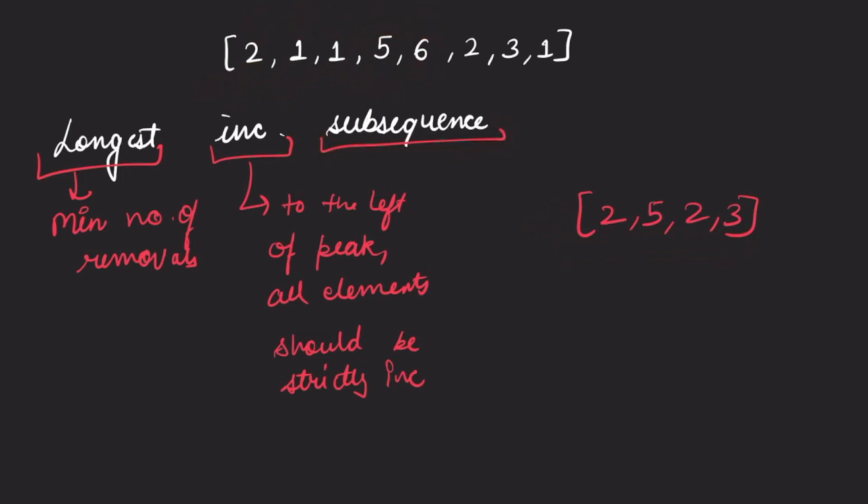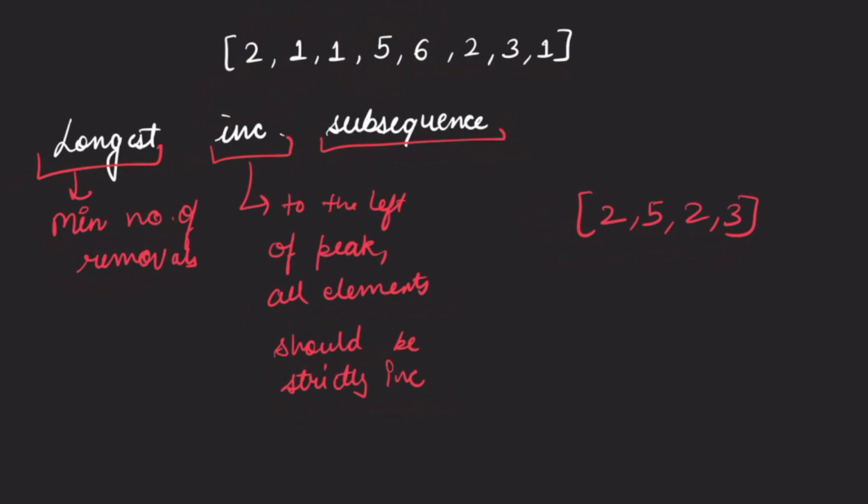So for finding out whether a particular number can be a peak element, we'll check what is the longest increasing subsequence to the left of it, because we want to perform the minimum number of removals. All the elements should be strictly increasing and we can form a subsequence. And similarly, to the right of the peak, we know that the elements will be in strictly decreasing order, right? That's why instead of the longest increasing subsequence, we'll search for the longest decreasing subsequence.